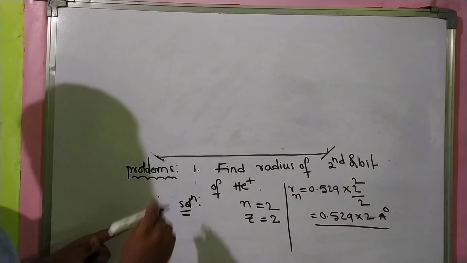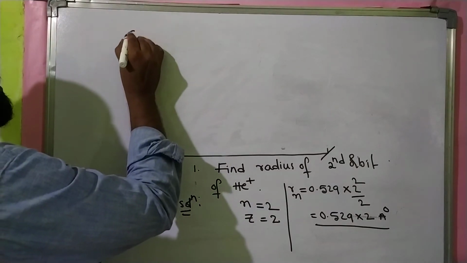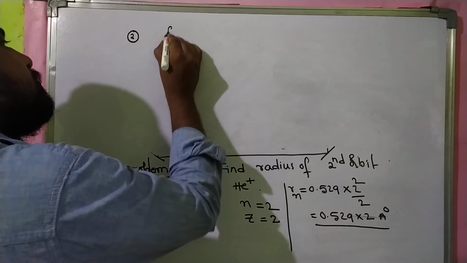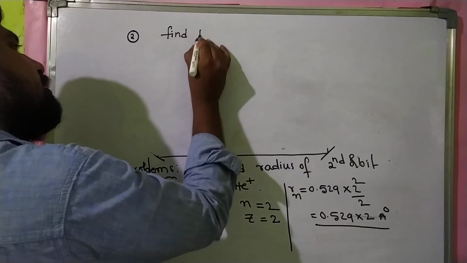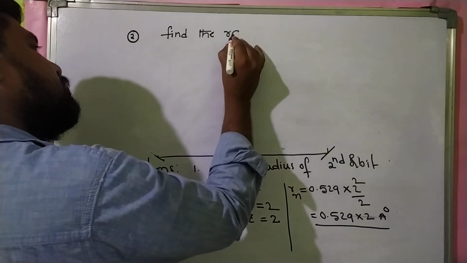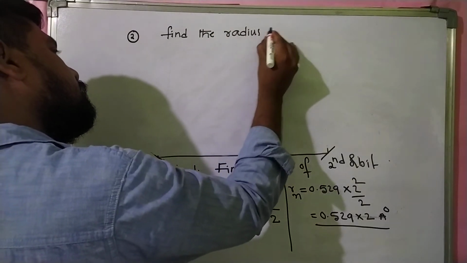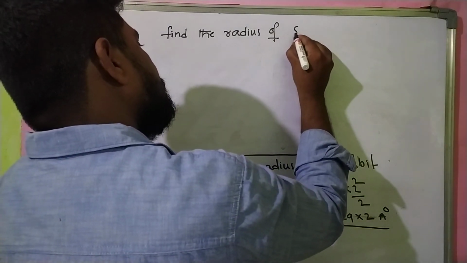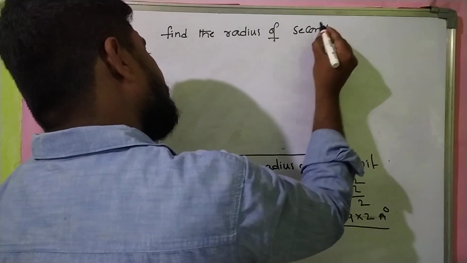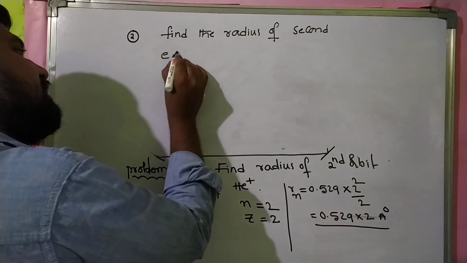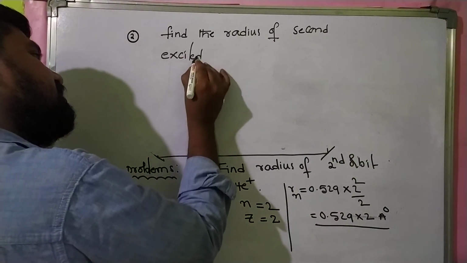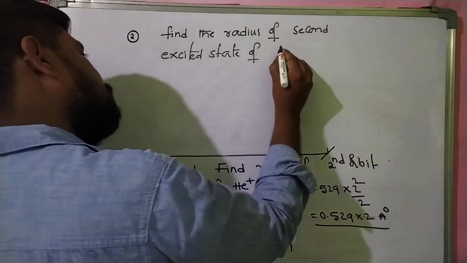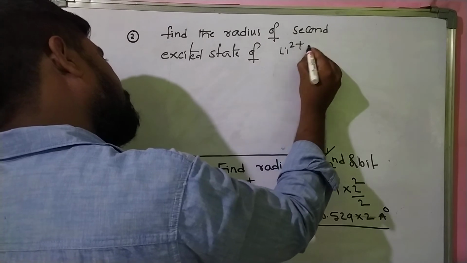Okay, write problem number 2. Second problem, who will answer this one? Find the radius of the second excited state of lithium 2 plus ion.